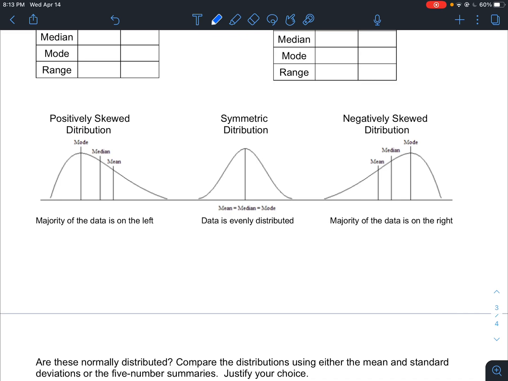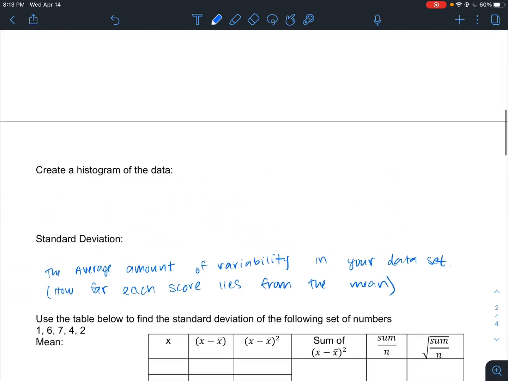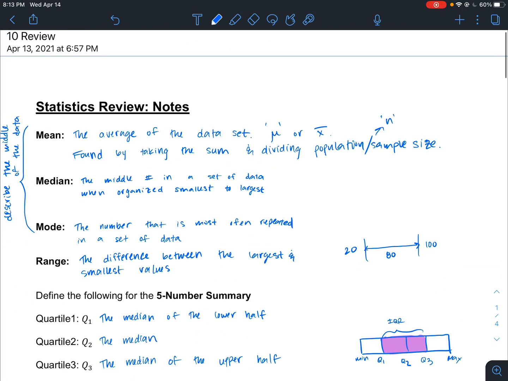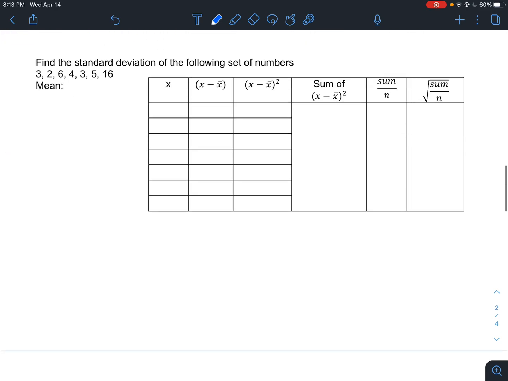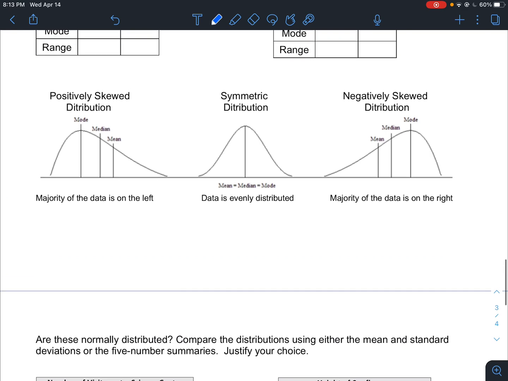This is why it's important that we understand what these definitions mean, because there are different ways to define the middle of a data set, because not all data is the same.